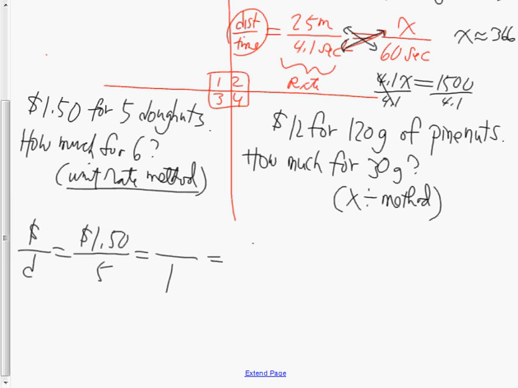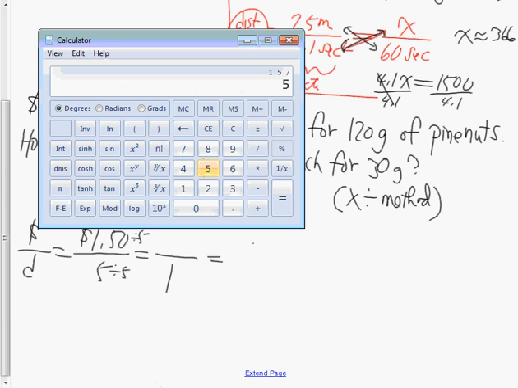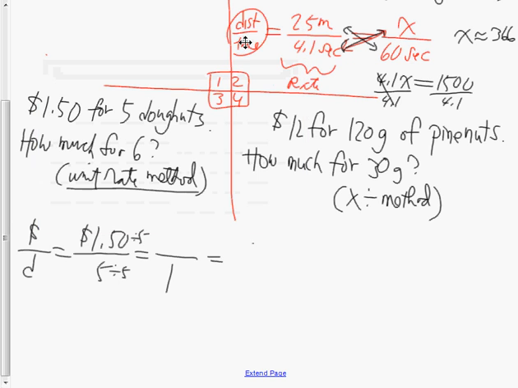When we use a unit rate, we want to break it down into the cost per 1. In this case, if I divide both the first and second term of my rate by 5, I will get the cost for 1 donut. And $1.50 divided by 5, oh no, it's not a decimal, it's 30 cents, of course, or 30 cents per donut, right?